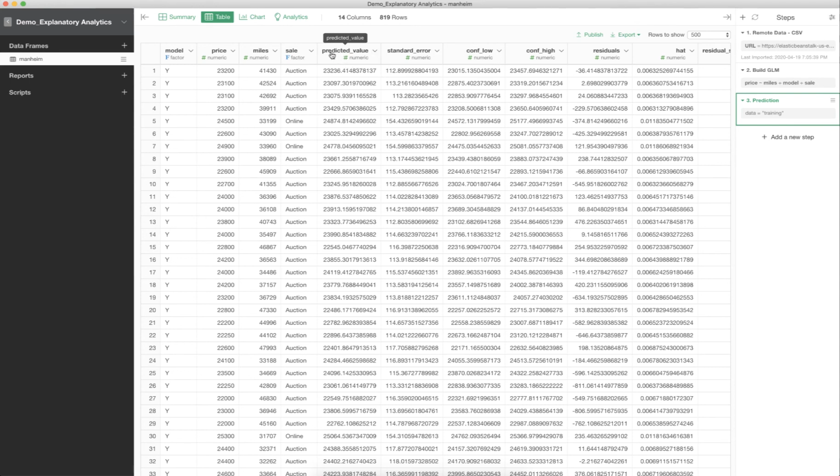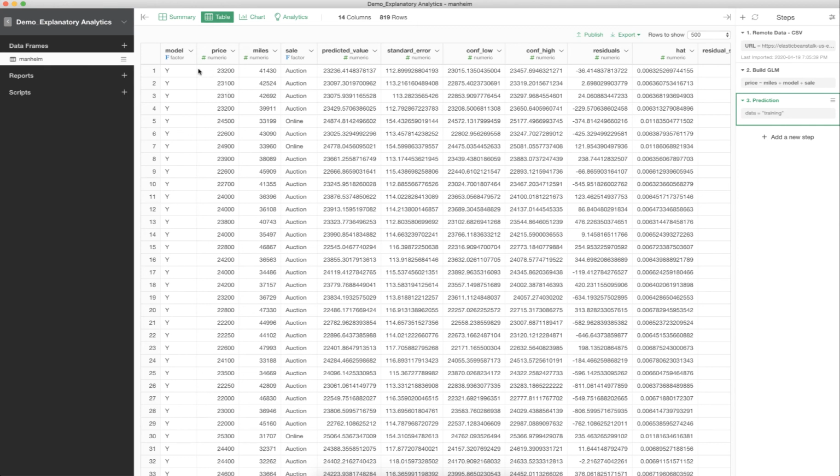In this case, one of the columns that I'm interested in is predicted value. Predicted value takes the coefficients, which is the coefficient for miles, the coefficient for sale, the coefficient for model, and uses those to calculate the predicted value of the price of a car based on the model.